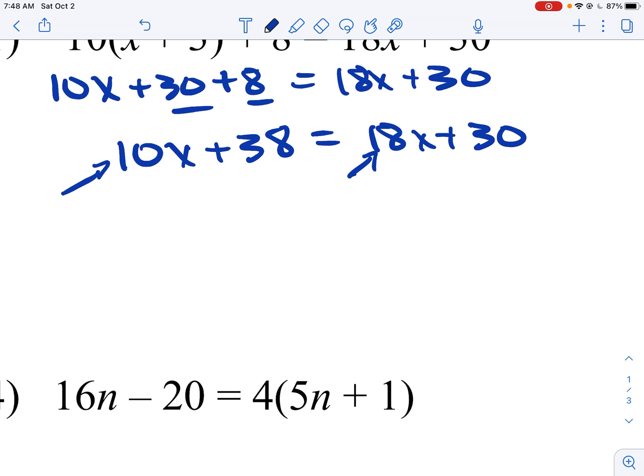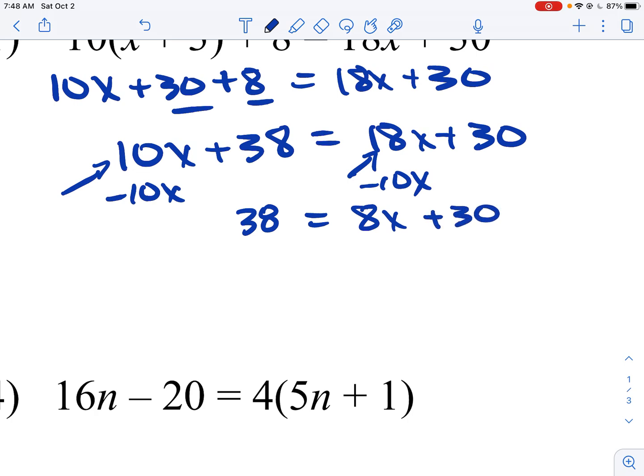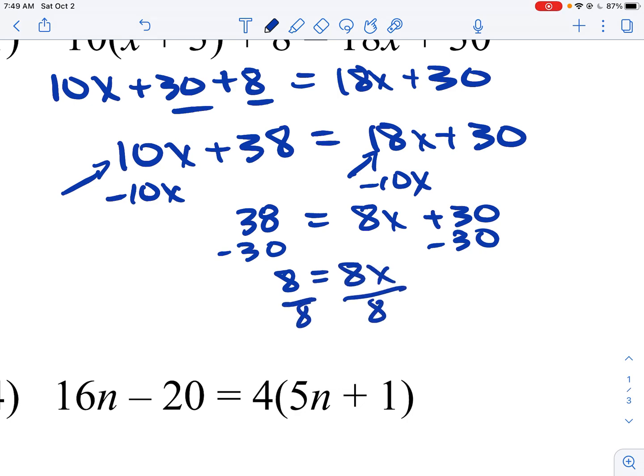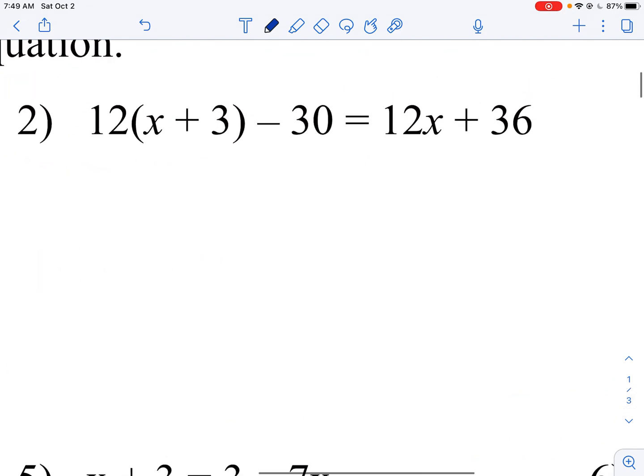They're different. So that means that I'm going to come up with an actual answer for this. So I'm going to subtract 10x from both sides. I get 38 equals 8x plus 30. I subtract 30 from both sides. I get 8 equals 8x. I divide both sides by 8, and I get 1 is equal to x. So I have one solution, and that one solution happens to be 1.